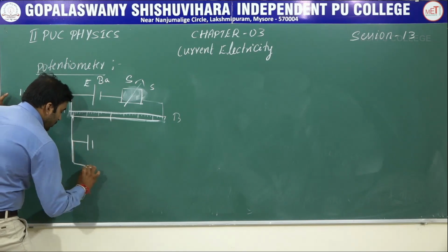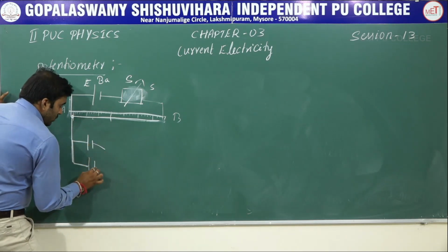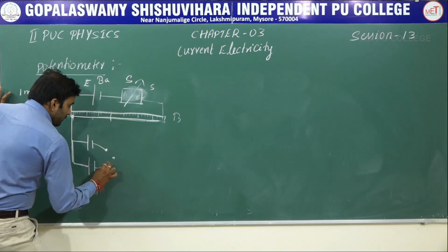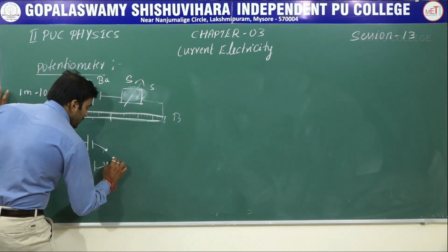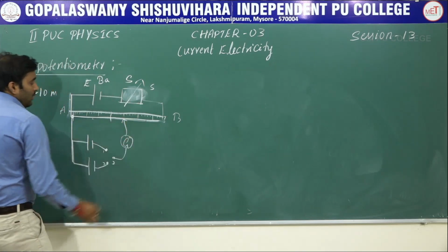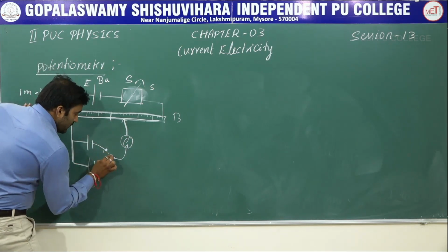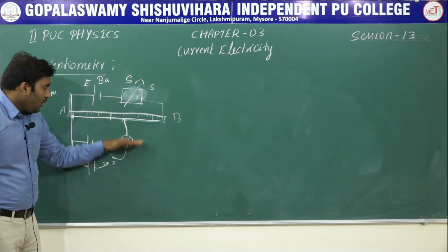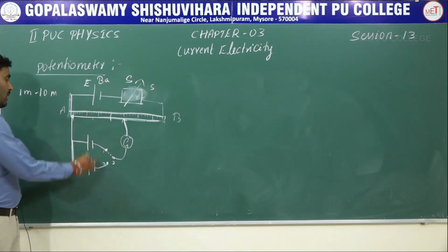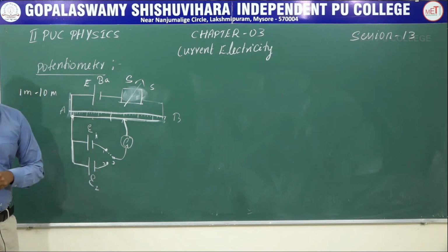The positive terminals of both the cells are connected to this end A. Then we can use a two-way key here, which in turn is connected to a galvanometer, and then the galvanometer is connected to a sliding contact, a jockey. This forms the secondary circuit of the potentiometer in order to find the EMFs of these two cells. Let us say that the EMF of this cell is E1 and the EMF of the second cell is E2.